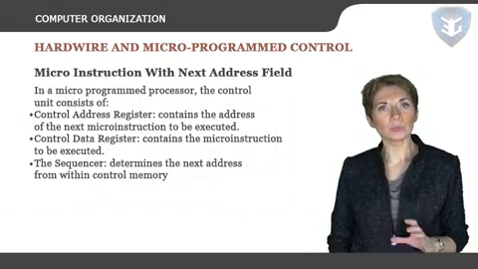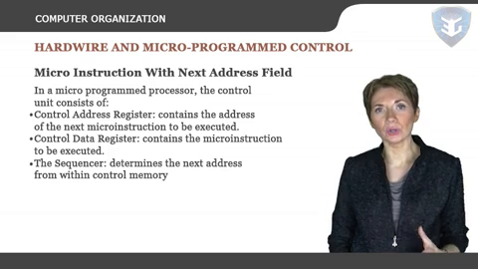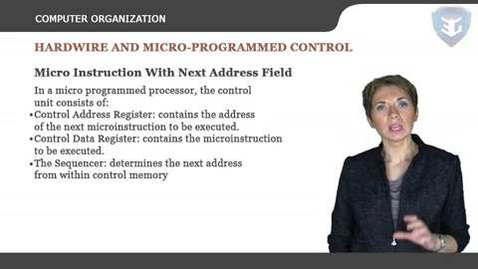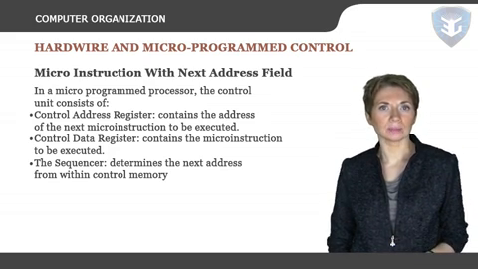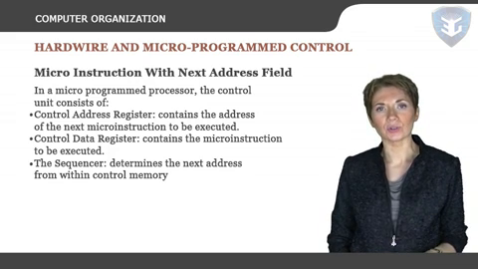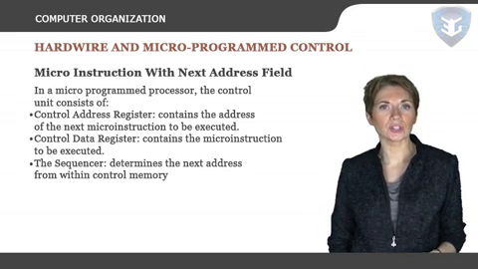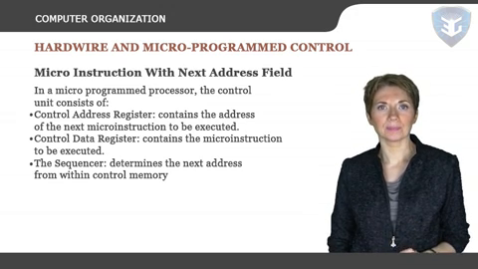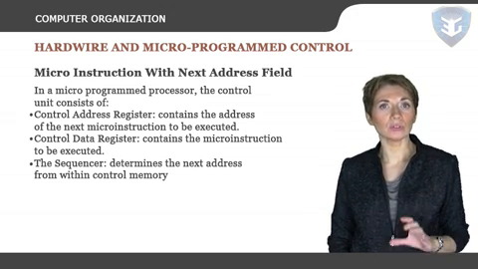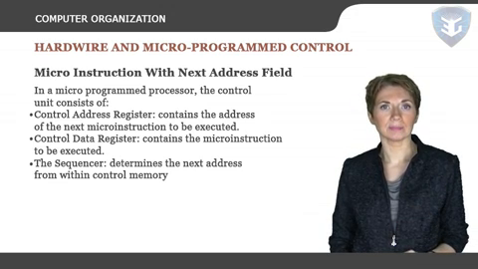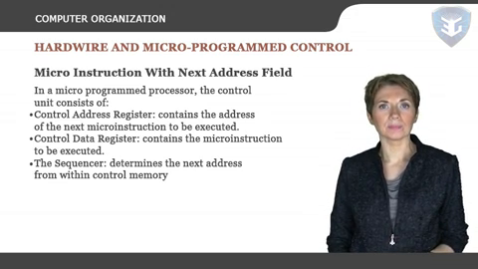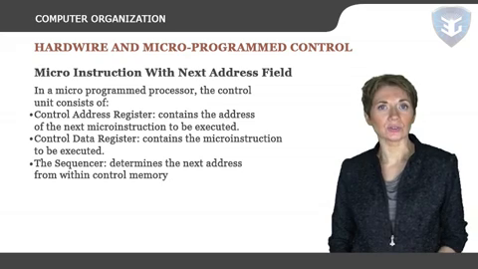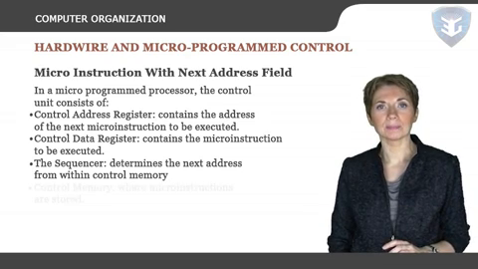In a microprogrammed processor, the control unit consists of the control address register. This contains the address of the next microinstruction to be executed. Control data register. This contains the microinstruction to be executed. The sequencer determines the next address from within control memory.